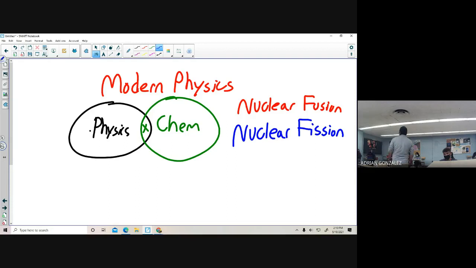Any guesses? If fusion is putting together, what do we think fission is? Splitting it apart. Okay? In a fission reaction, you go from a big, heavy element and you split it down into lighter elements. You start off with a heavier element and you split it down into two lighter elements.